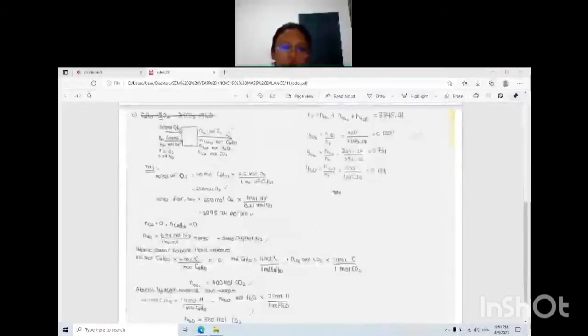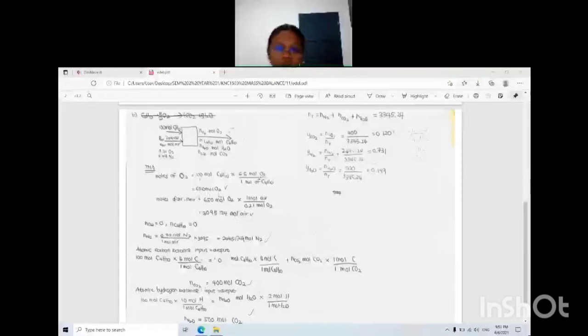Case 1, which is a theoretical air supply, 100% conversion of butane. So first one, we have to calculate the number of mole of oxygen: mole of butane times 6.5 mole of oxygen over 1 mole of butane, then we get 650 mole of oxygen.